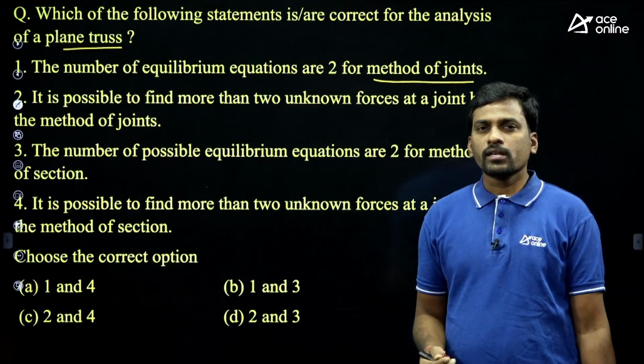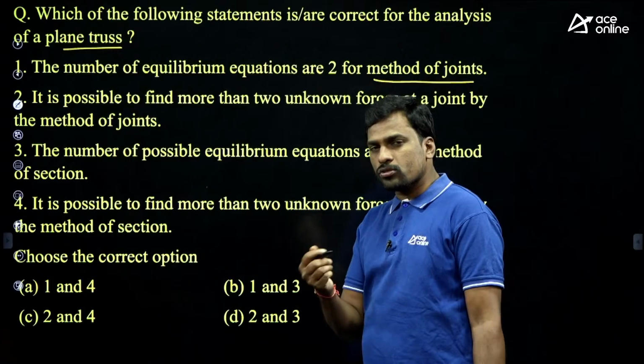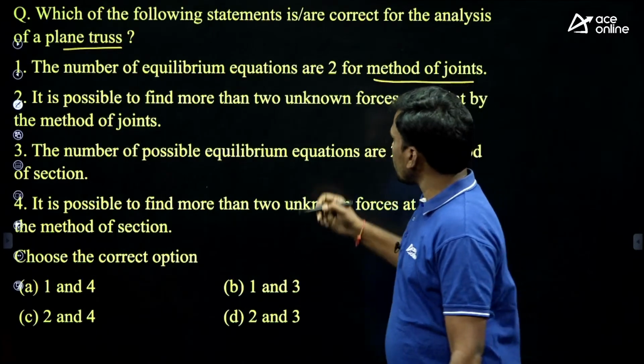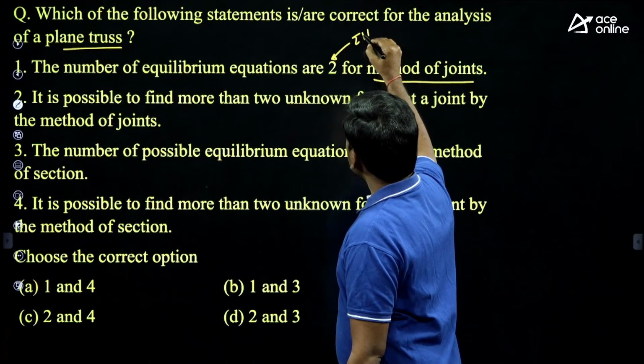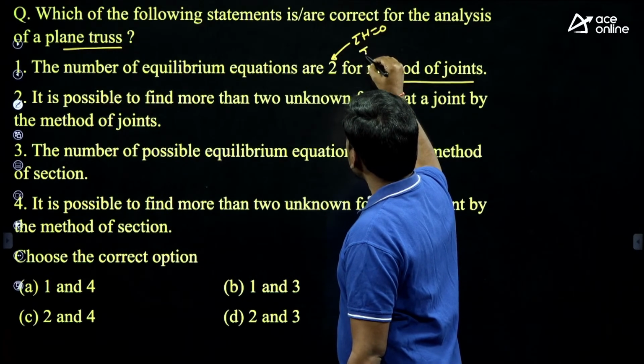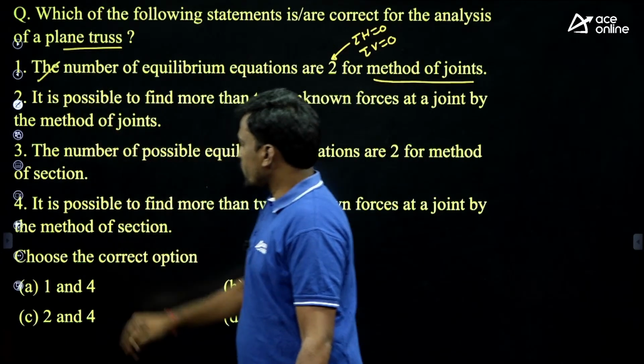Then for a pin jointed plane frame, the number of equilibrium equations is 2. What are the 2? Sigma H equals 0, sigma V equals 0. Then option 1 is correct.